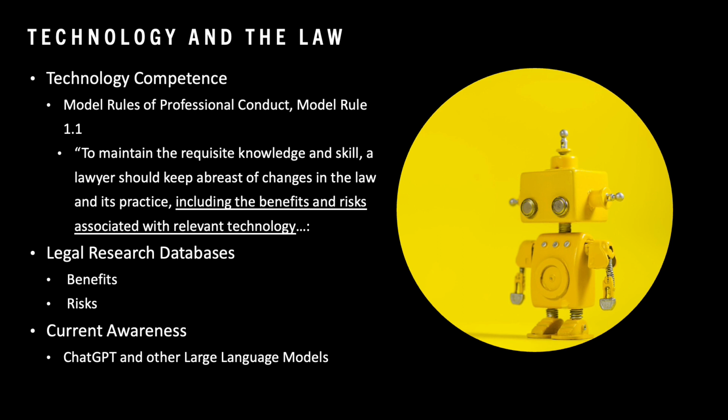There's a duty of being technologically competent. Model Rule 1.1 states in part that to maintain the requisite knowledge and skill, a lawyer should keep abreast of changes in the law and its practice, including the benefits and risks associated with relevant technology.